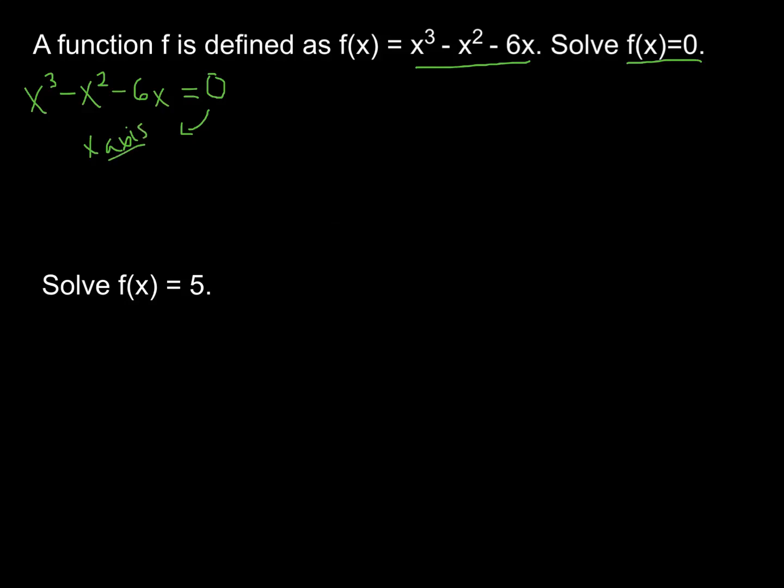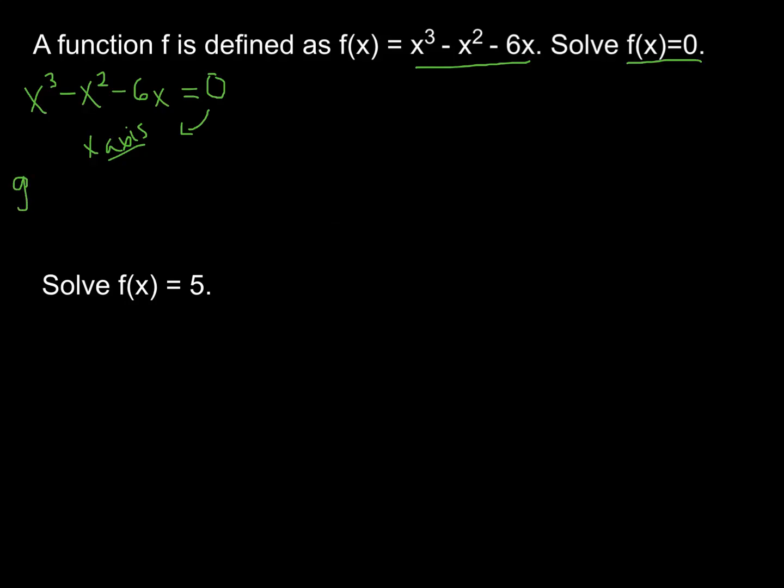Okay? And we have some different methods for finding this, and what I want you to do is stop and think about what would be your plan B for figuring out where this function is equal to 0. So in thinking about it, there's a lot of different ways, and I'm sure your way would work just fine, and I want to focus on a particular method, which would be to simply graph the function.